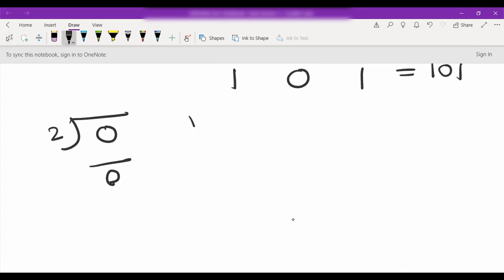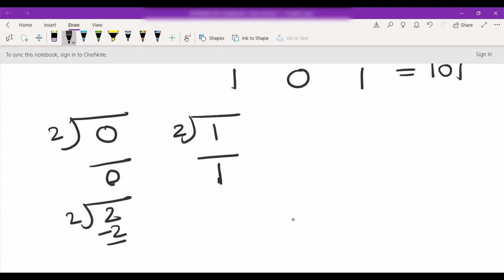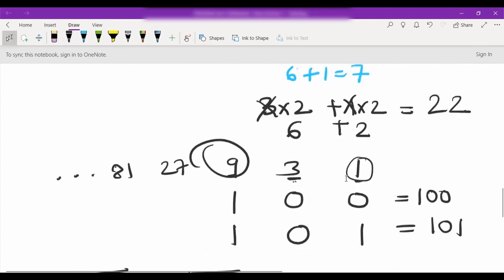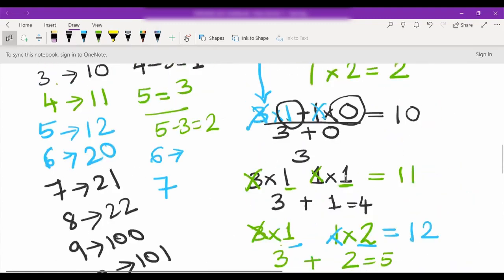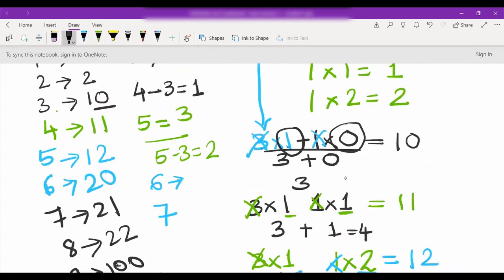The next number is ternary number 1. Ternary number 1 is nothing but 1. When it is divided by 2, your remainder will be 1. The next number in the ternary number system is number 2. When it is divided by number 2, your remainder will be 0. The next number is ternary number 3. How is 3 represented in the ternary number system? It is 1, 0.